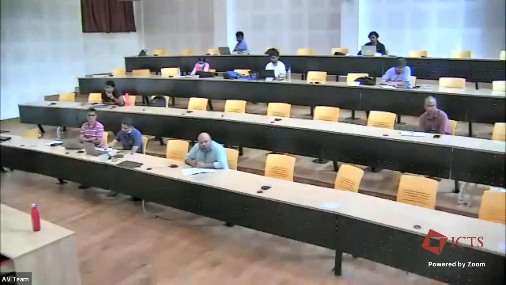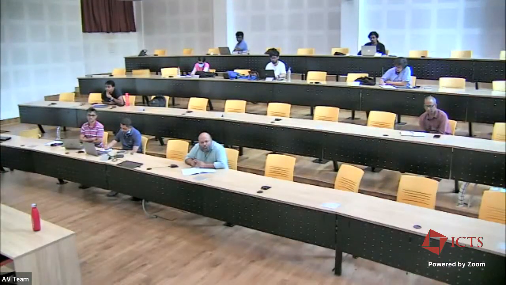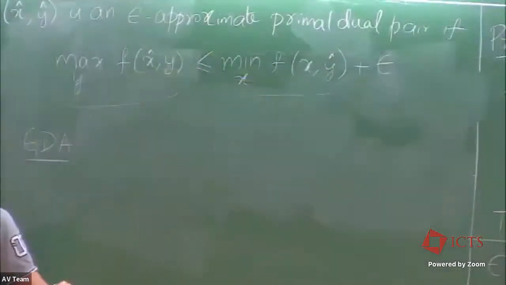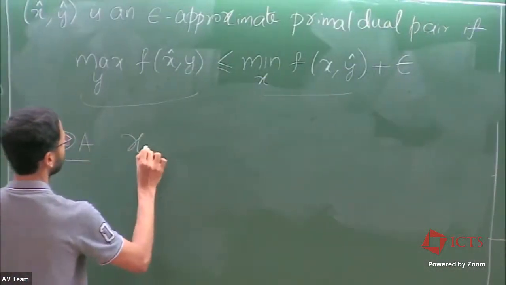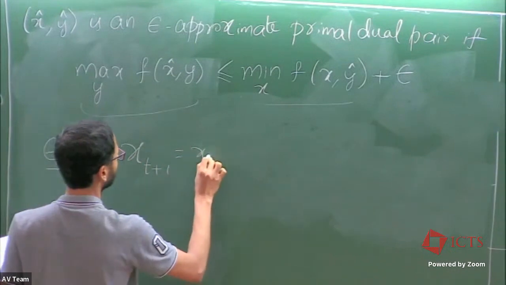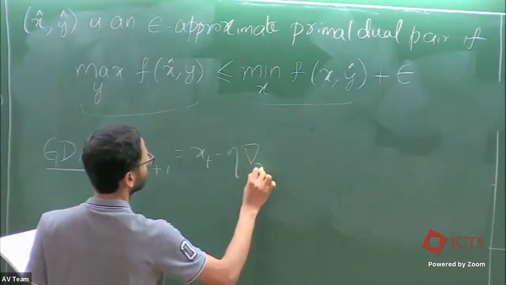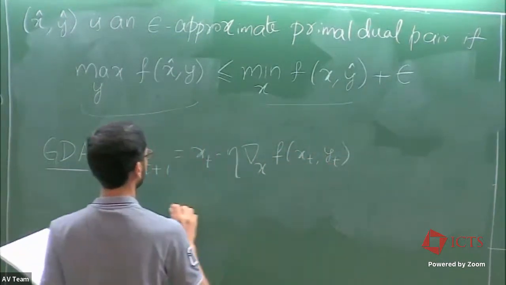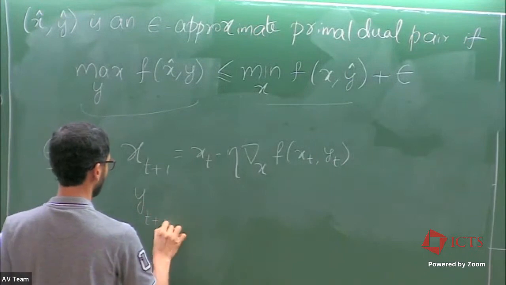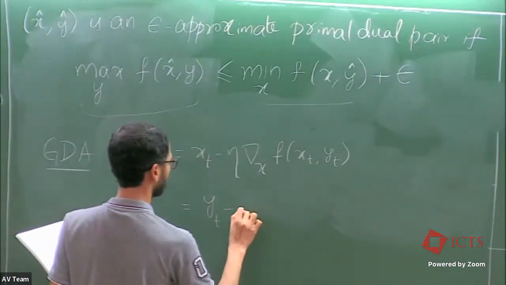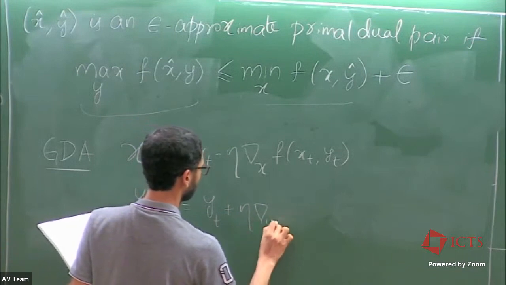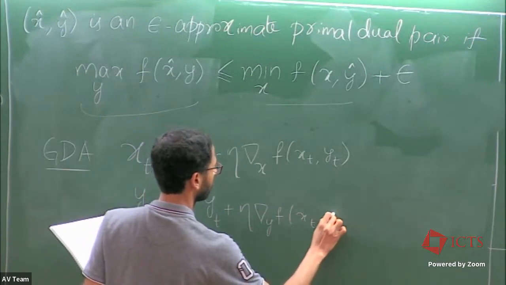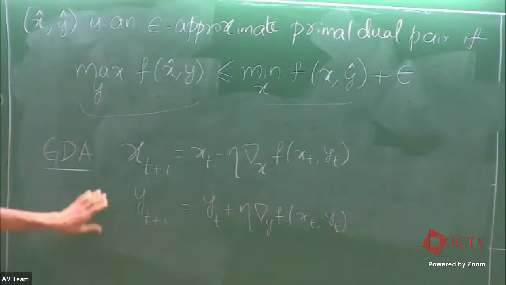Just by looking at min over x and max over y, the natural algorithm that we can think of is gradient descent ascent. It just does gradient descent in the minimizing variable. Is the algorithm clear?